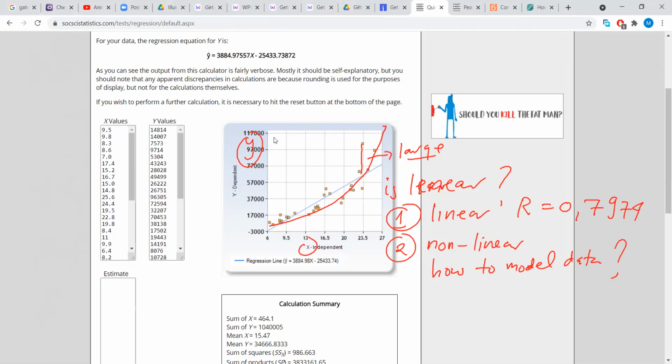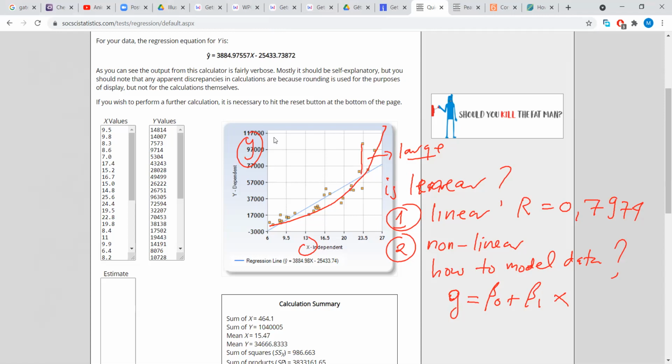Please consider that for this data we got the model b0 plus b1x. Please consider y here. We consider another model, so we use g equal to something.